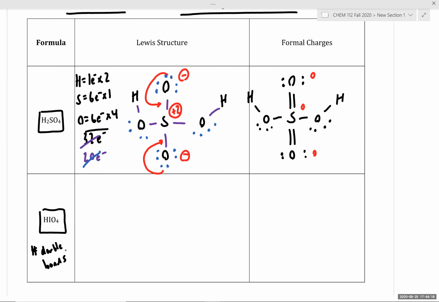We'll discuss these examples momentarily. Let's try to get some responses in the chat or some proposed structures using the annotate feature, which is the little pen icon in Zoom. The responses I'm seeing in the chat look reasonable so far.